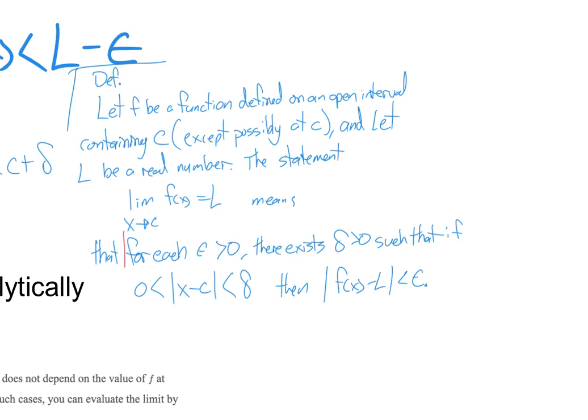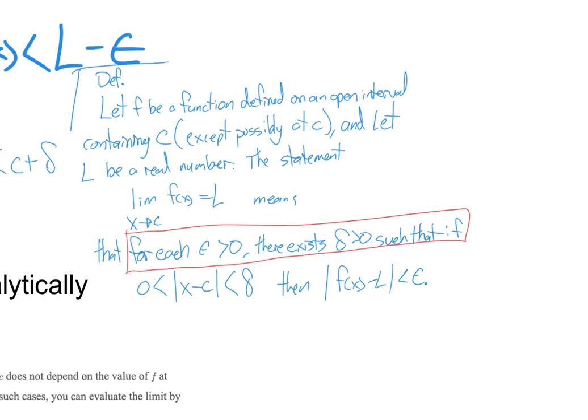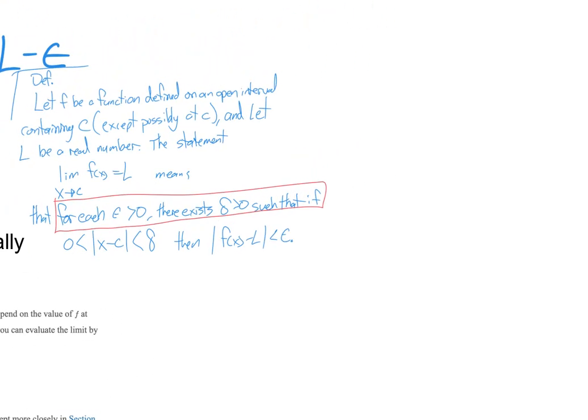Now I would like to point out this line here. This line repeats itself in so many proofs that there are mathematical symbols, shorthand notation if you will, for this.